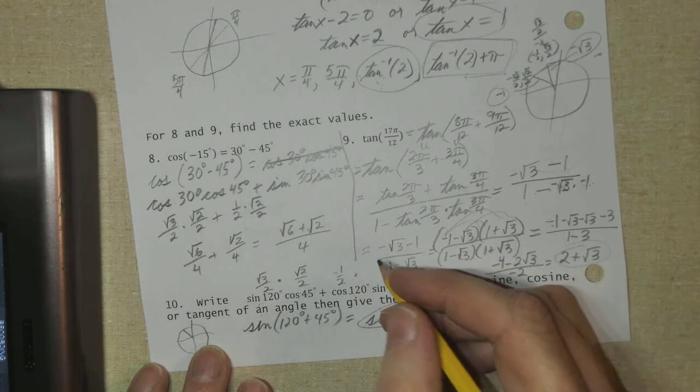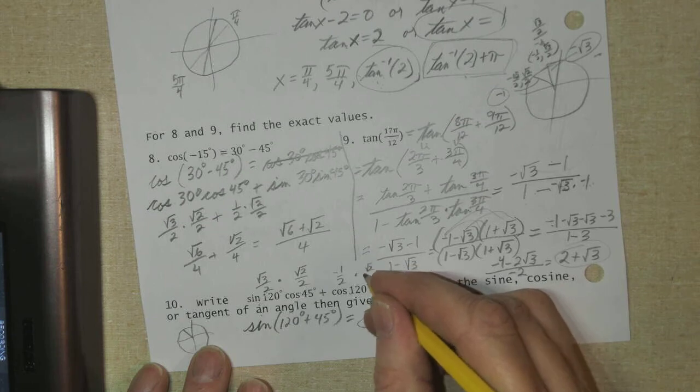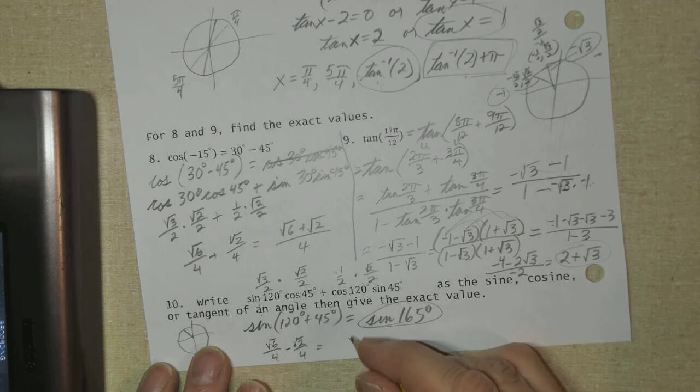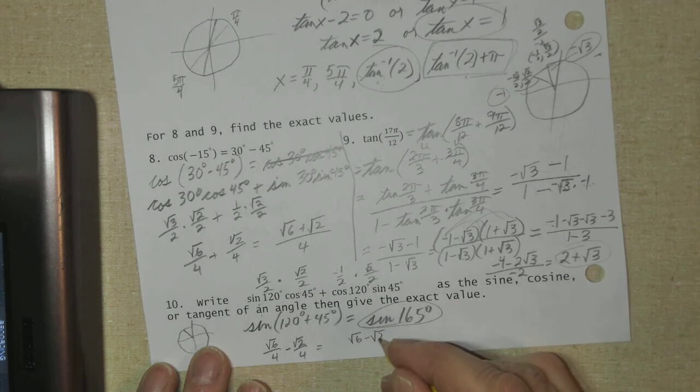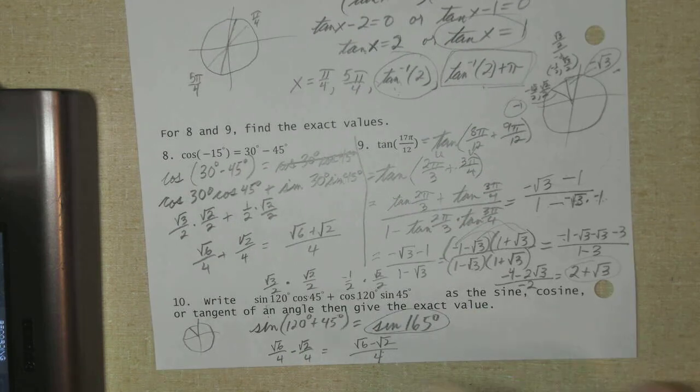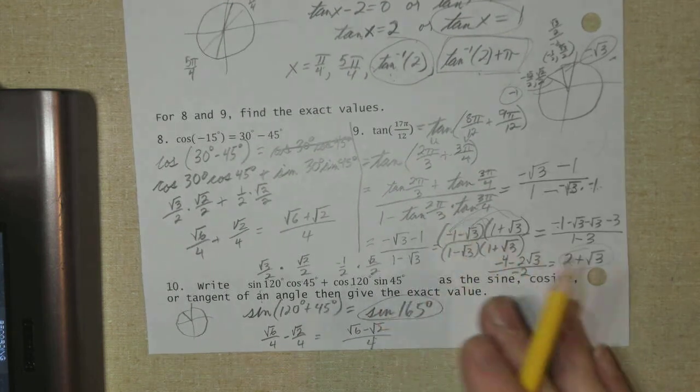And sine of 45 is square root of 2 over 2. So we're looking at the square root of 6 over 4 minus square root of 2 over 4. So the exact value is square root of 6 minus square root of 2 over 4. And that's what the sine of 165 is equal to.